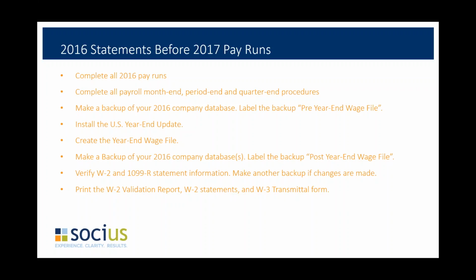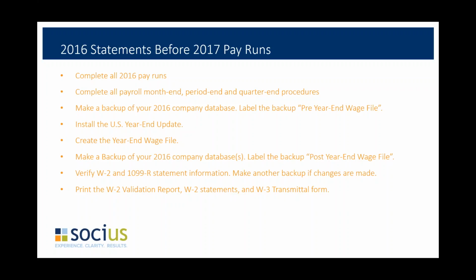So the year-end wage file, when we run that process, will take everything from 2016 and move it from your current year data into the year-end wage file so that you'll be able to prepare your W-2s, etc. But it also clears out your current year data file so that you can begin preparing for and actually processing into 2017. So that year-end wage file is going to be really important.